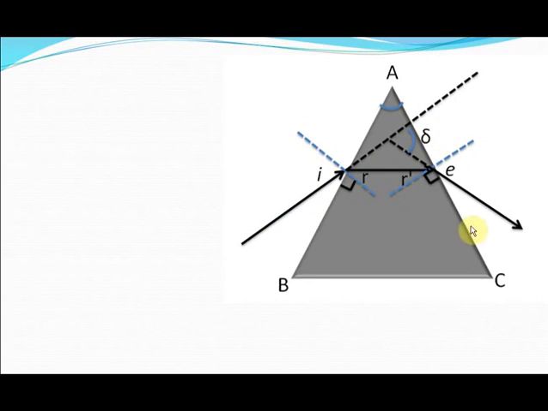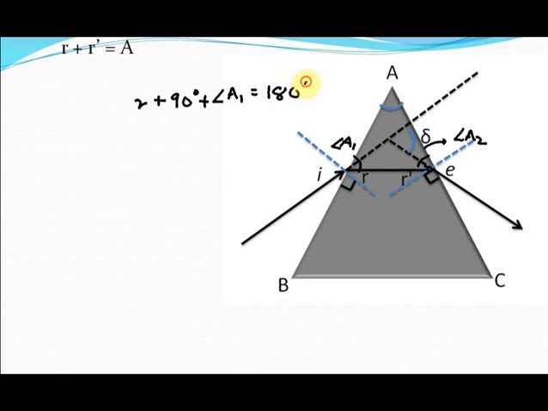Let's try to calculate this angle of deviation for any prism ABC. If you look carefully, R plus R dash is equal to A. How does that happen? If you look at this angle here, R plus 90 degrees plus this angle, let's call it angle A1, is clearly equal to 180 degrees.